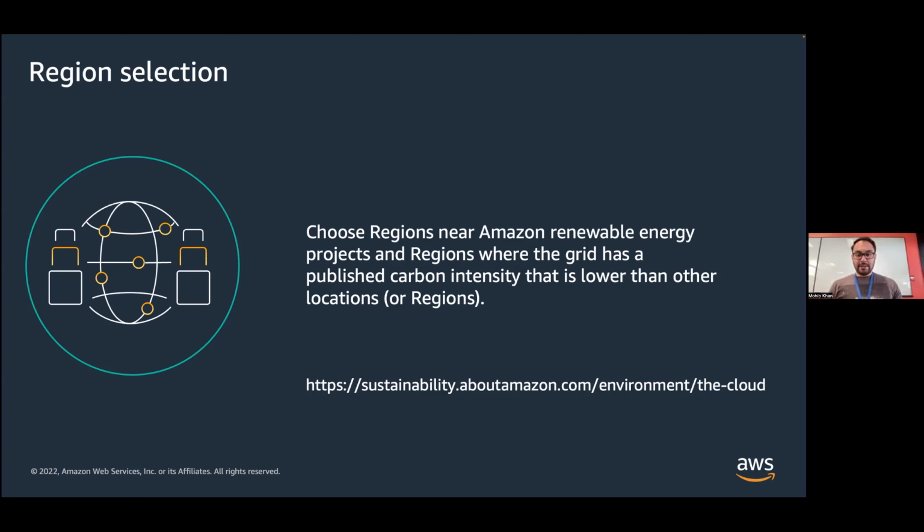Currently, AWS purchases and retires environmental attributes like renewable energy credits and guarantees of origin to cover the non-renewable energy we use in the regions, mainly in US and European regions at the moment. If you're interested, I can also share the links for the renewable energy projects that Amazon has been working on.